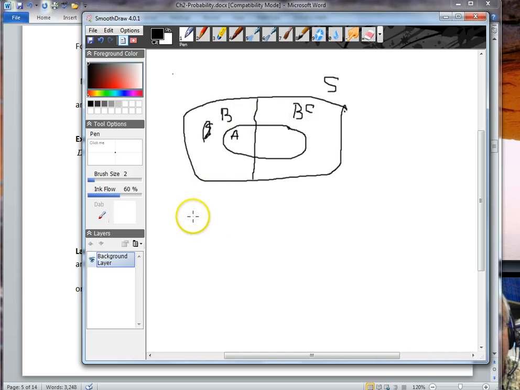So what I'm going to do first is take A and write it as this piece here, which is A intersection B, and this piece here, which is A intersection B complement.